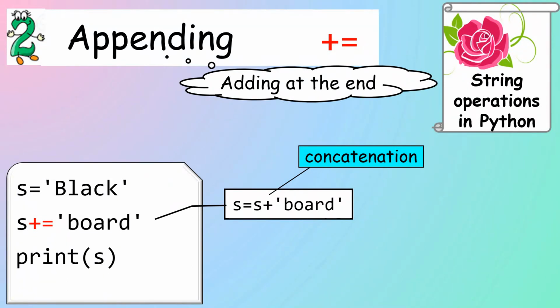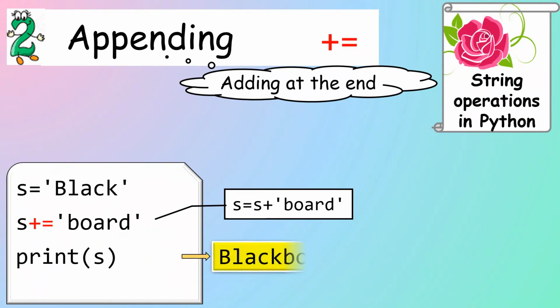And that value will be now assigned to the string object S, which is on the left hand side, because of the assignment operator equal to. So now the value of S will be the concatenated string blackboard. Therefore, print S will give the output blackboard.